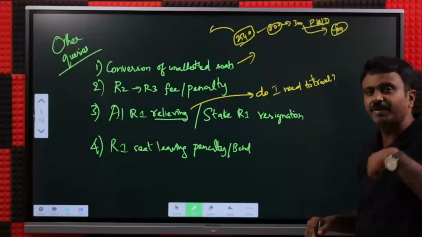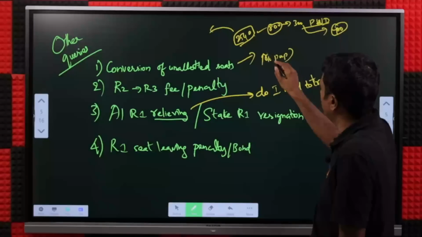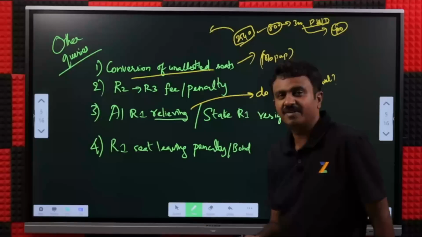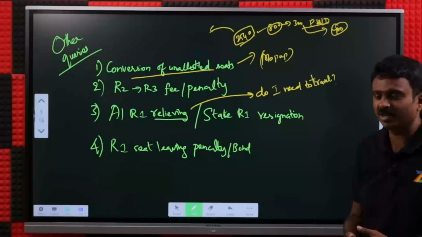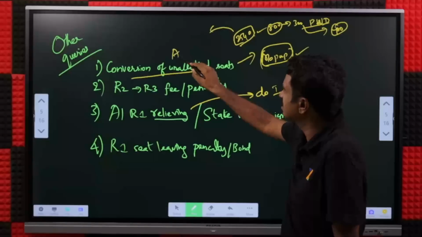This year, because everybody has an option to go to mop up, conversion will be an advantage for those who go to mop up. Everybody will go, so don't need to worry about this conversion at all. All of you will have a chance to go to All India mop up. All India round 3. Usually last year it happened at mop up. This year it happens as All India round 3.